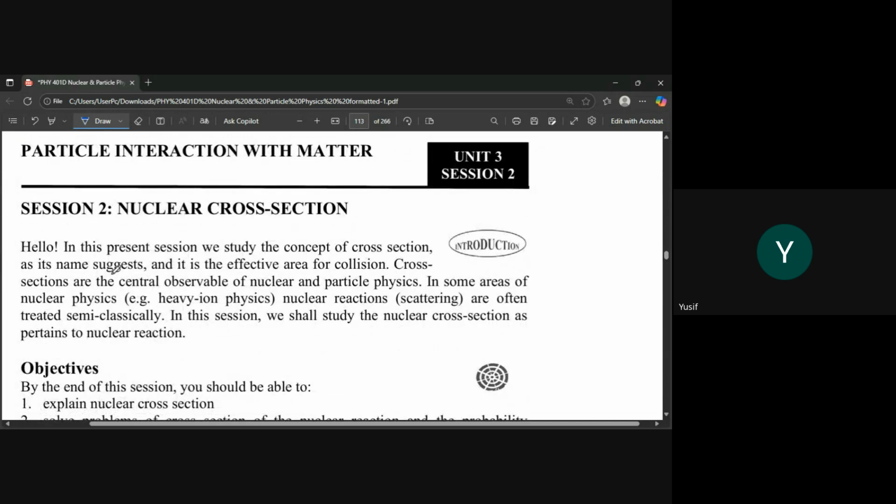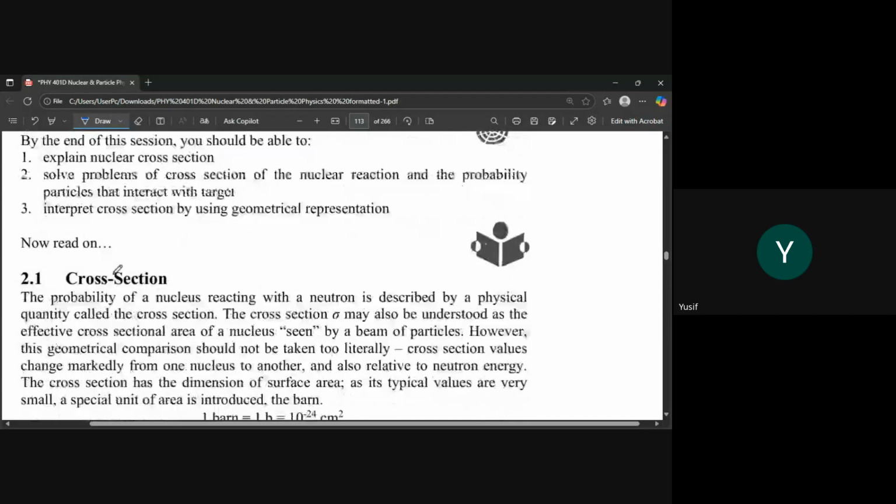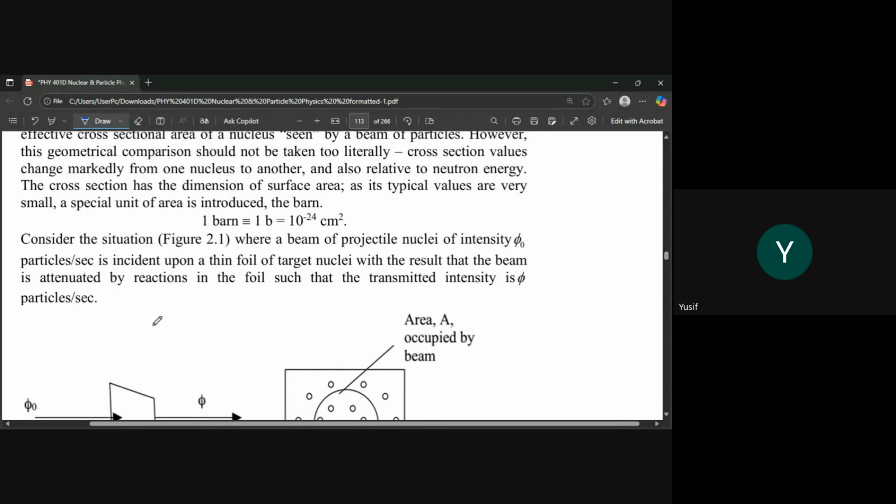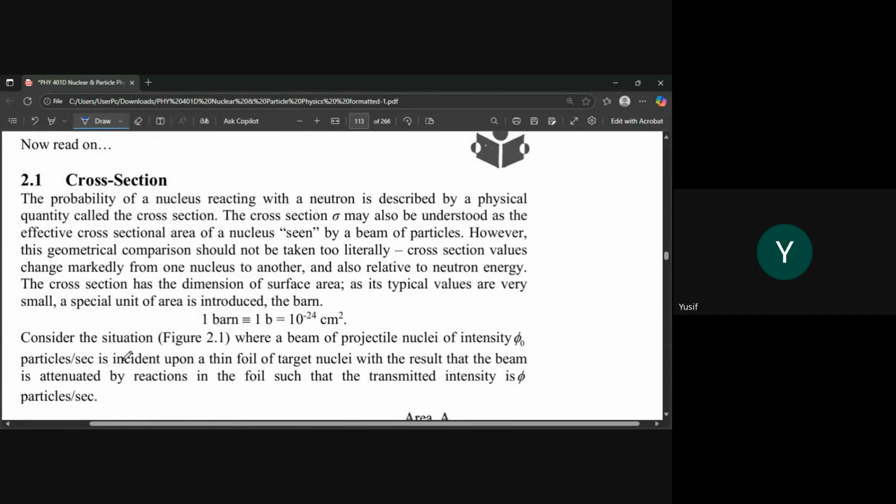Then we move on to the nuclear cross section. Okay, so the probability of a nucleus reacting with a neutron is described by a physical quantity called the cross section.